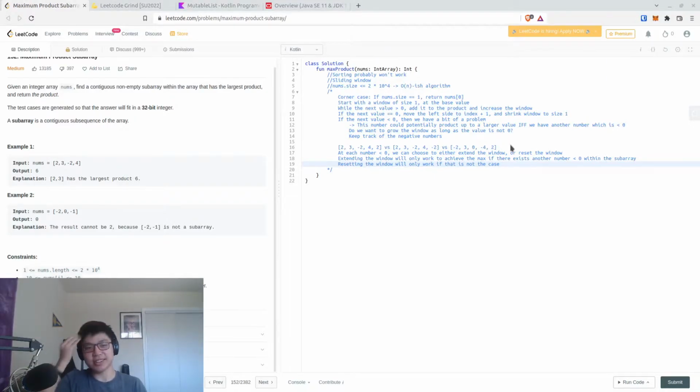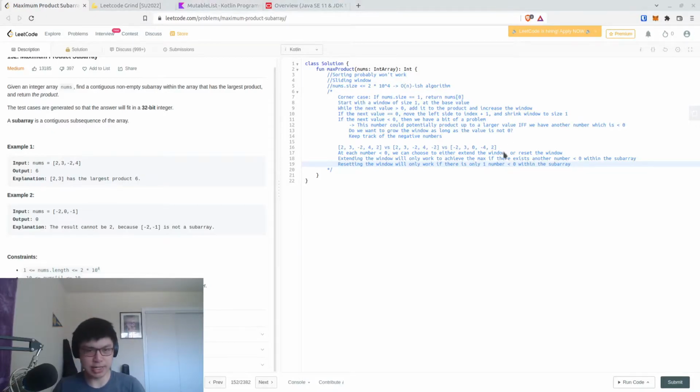Right, so if there is an odd number, well, as long as there's more than one, there is only one number less than 0 within the subarray.